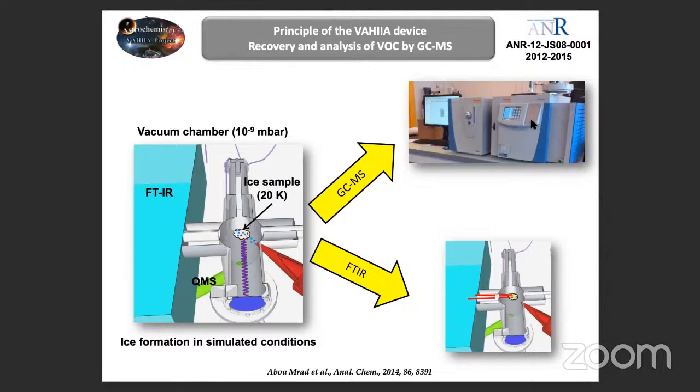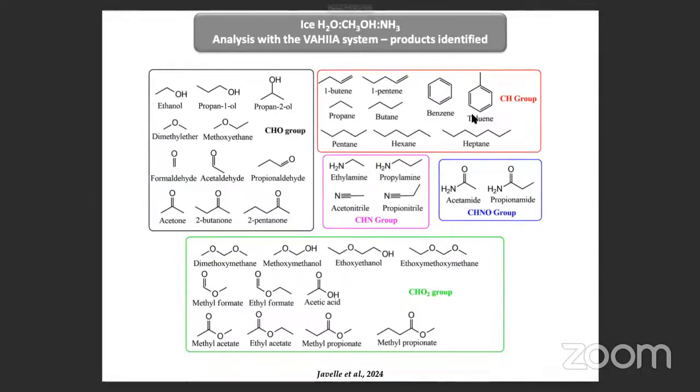The gas chromatography allows you to separate the molecules before their entry in the mass spectrometer, to obtain their identification. So when you start from this water, methanol, and ammonia ice that you submit to UV radiation, and you warm this ice after processing, we observe the formation of more than 40 different molecules.